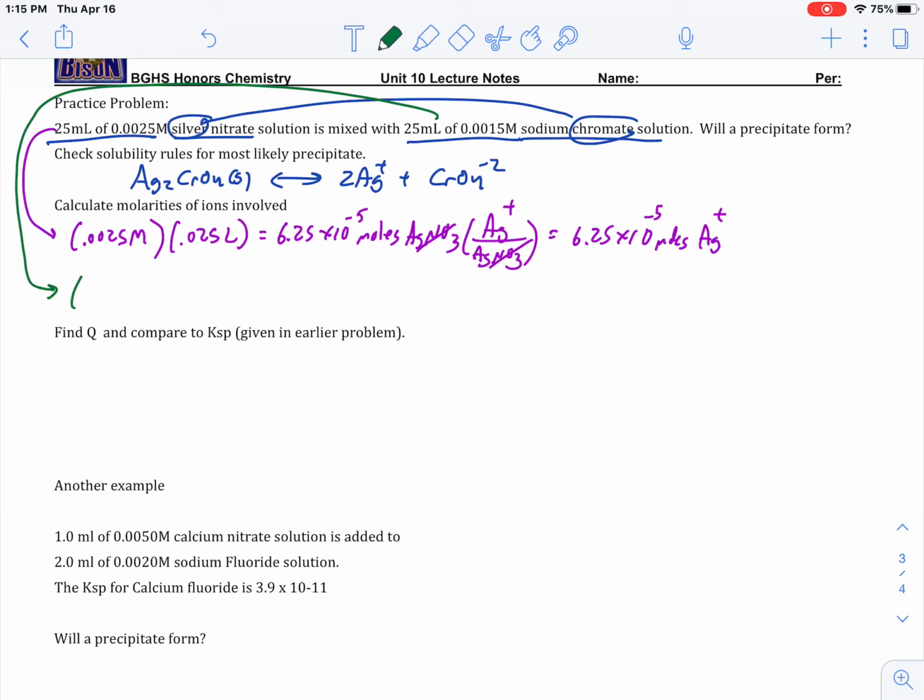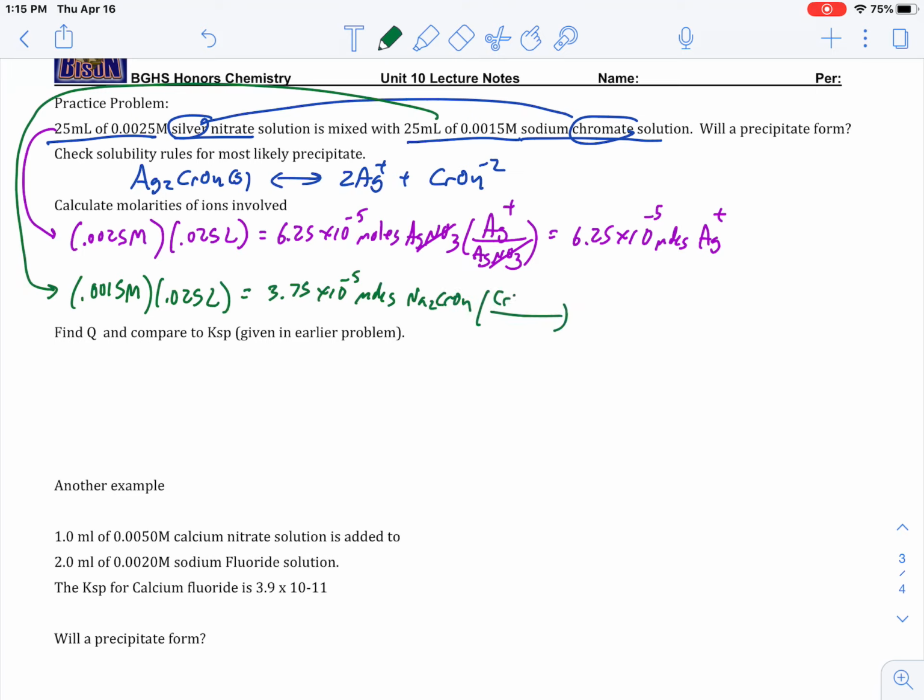So 0.0015 molar times 0.025 liters is 3.75 times 10 to the minus fifth moles, and that's of sodium chromate.